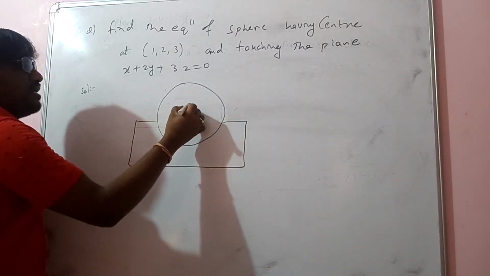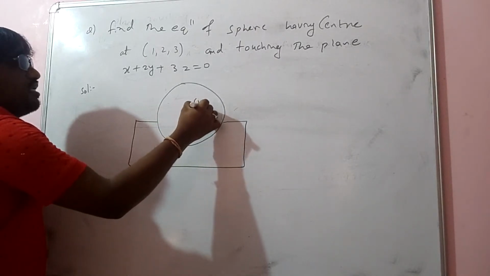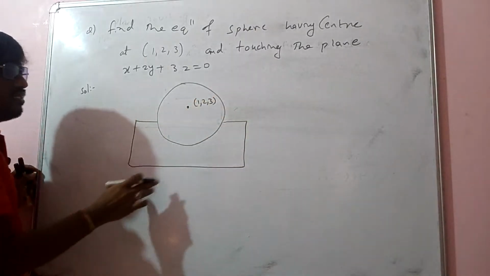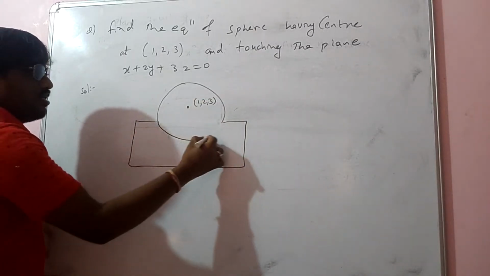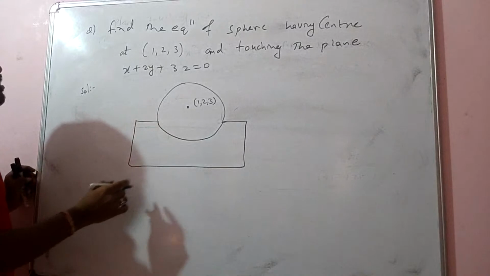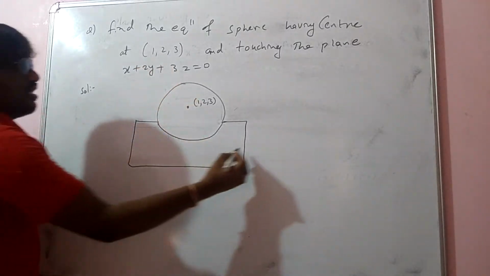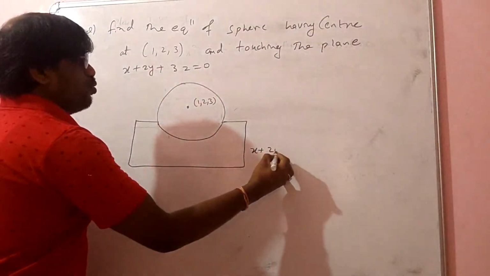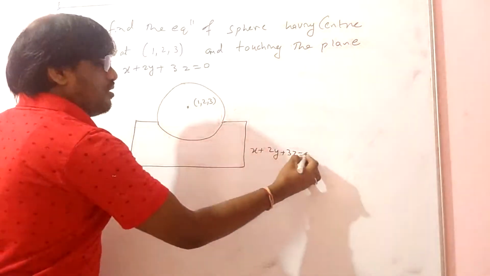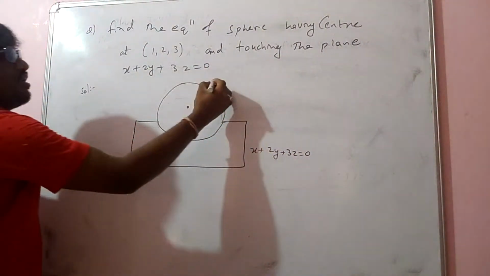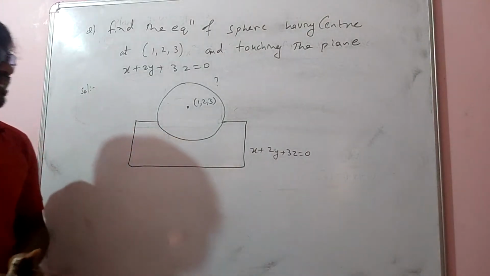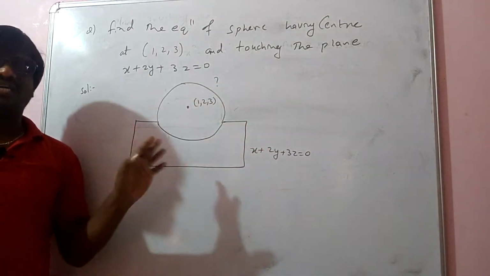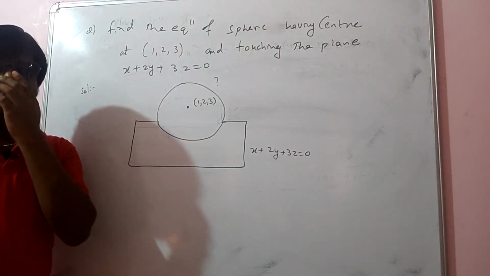The center of the sphere is given as (1, 2, 3), and the equation of the plane is x + 2y + 3z = 0, and the question asks for the equation of the sphere. Is the question understood? What is given and what to find is important to understand.